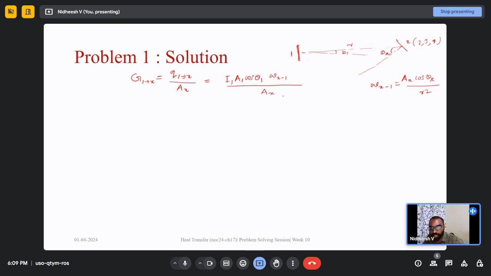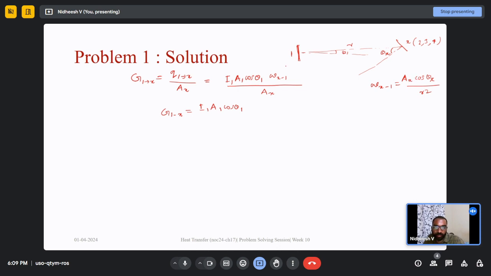So with that information, let me rewrite this expression for irradiation G1x, that is irradiation due to the emission from surface 1 that is intercepted by surface X, equal to I1 A1 cos theta 1 multiplied by the solid angle given by this expression.